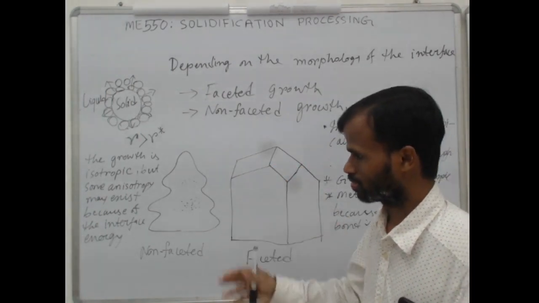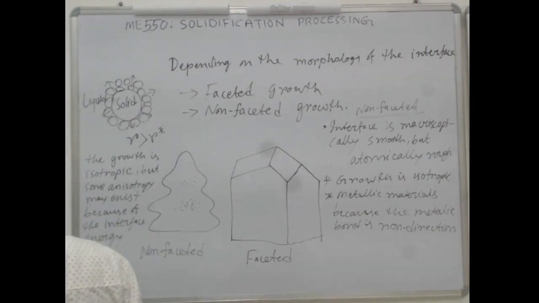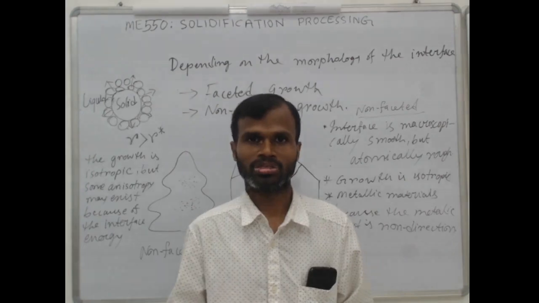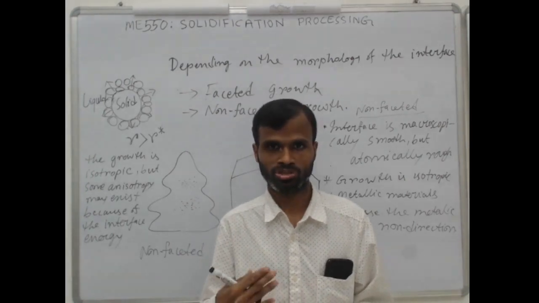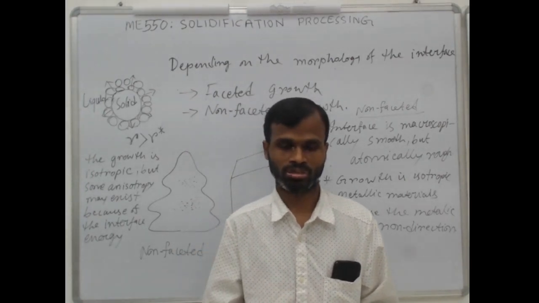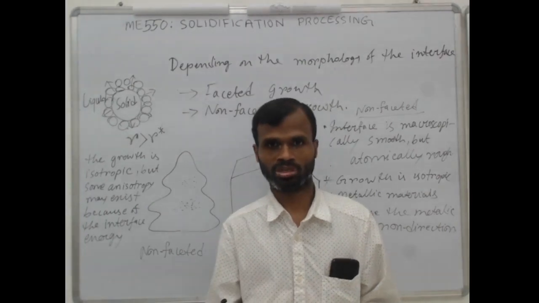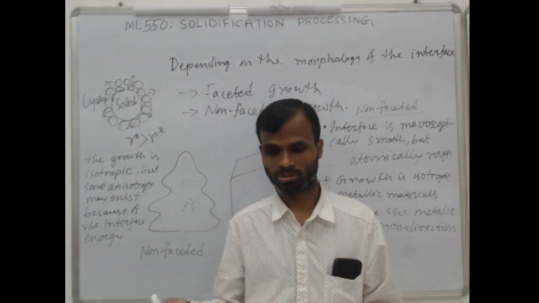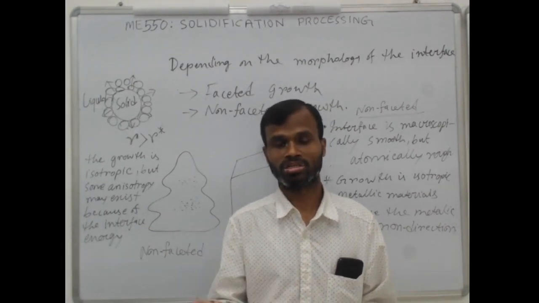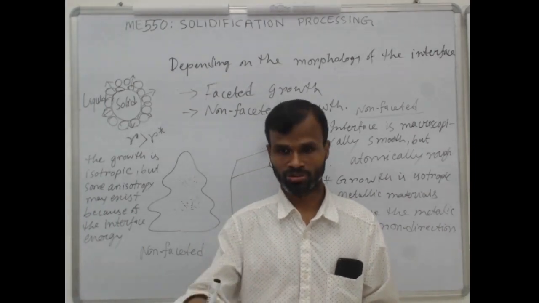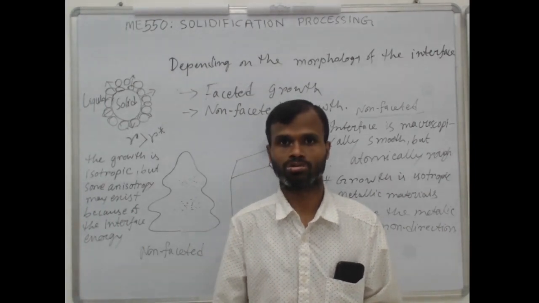So these are the different ways of growth of interface, and whether the substance will be faceted or not depends on many factors. It is not that you always get non-faceted for a type of material. A particular material can give you different types of interface depending on the processing route.